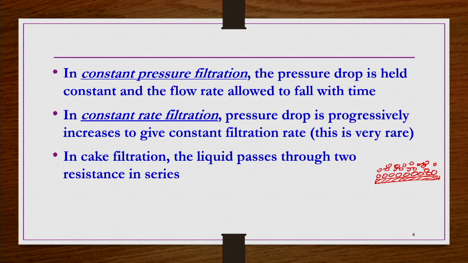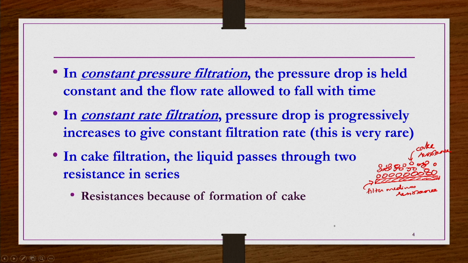So, there are two resistances: the filter medium resistance, and the resistance due to the cake formation, or cake resistance. These two resistances are possible in general in a given cake filtration process.